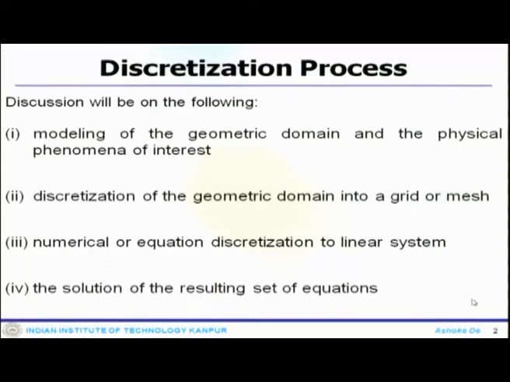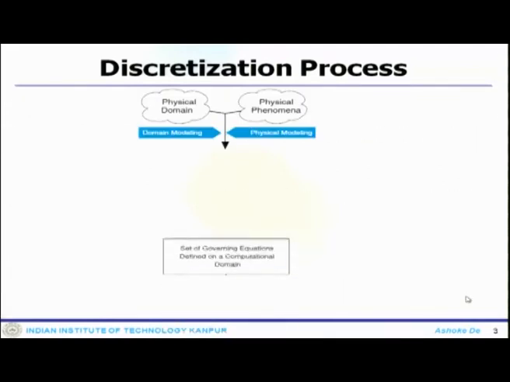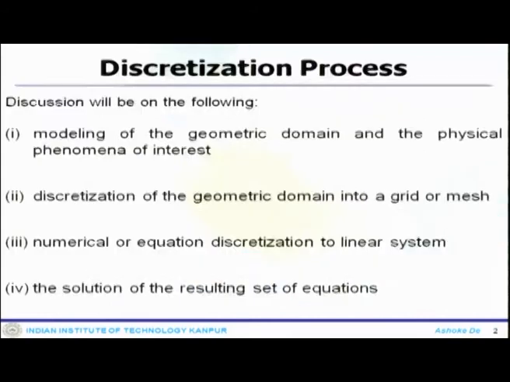Now, what do we talk about in the discretization process? Essentially, we will be talking about modeling of the geometric domain and the physical problem of interest. Coming back to your CFD related work, when you have a problem in hand, how do you convert it to a mathematical problem or linear system and finally get the solution?